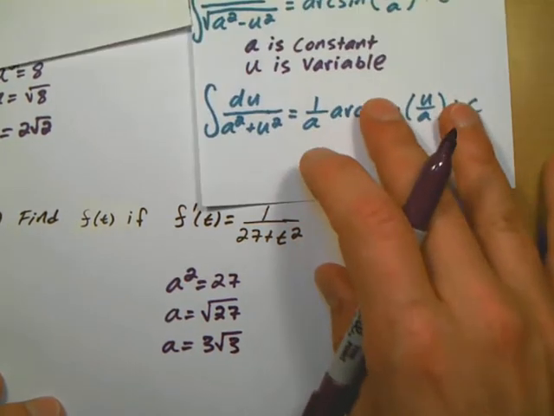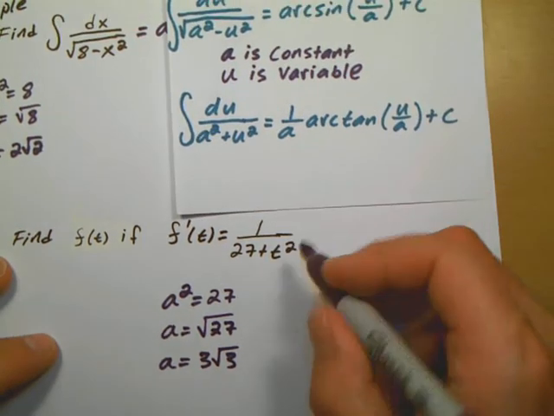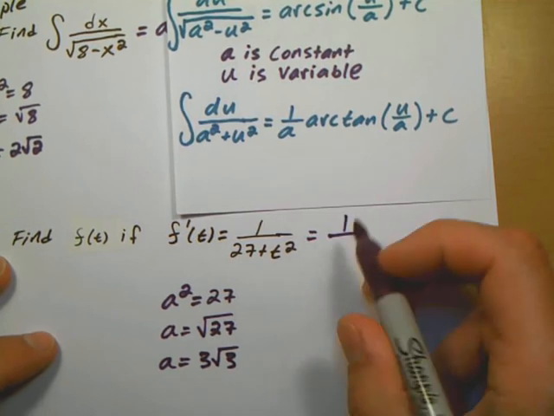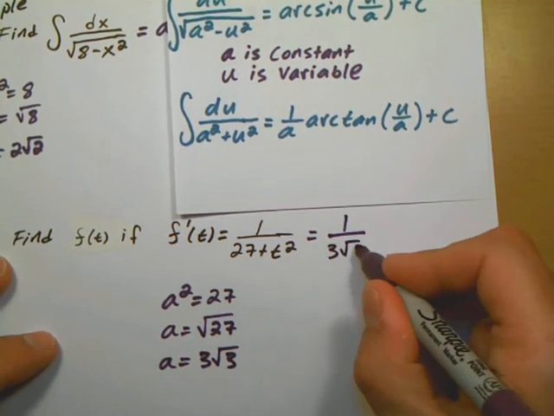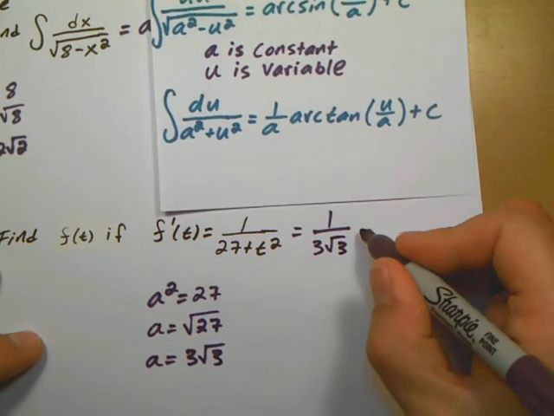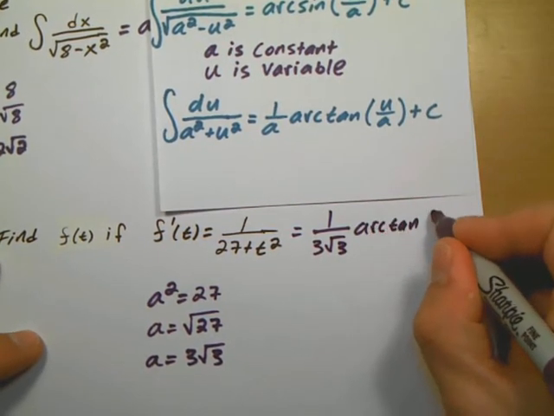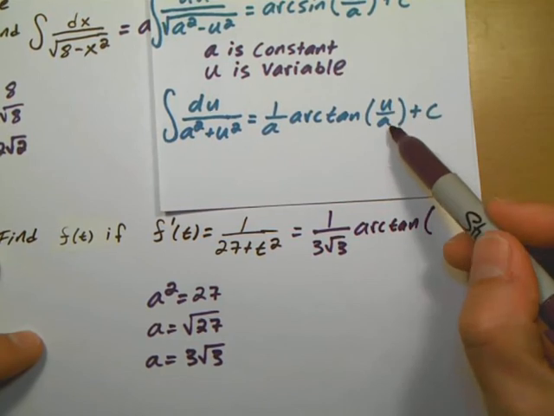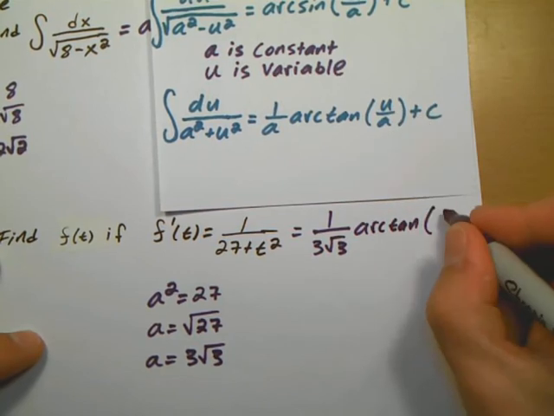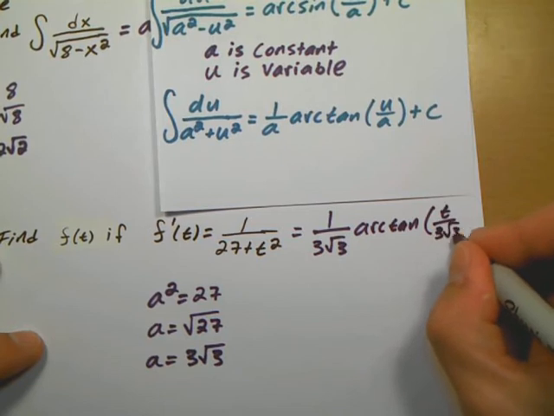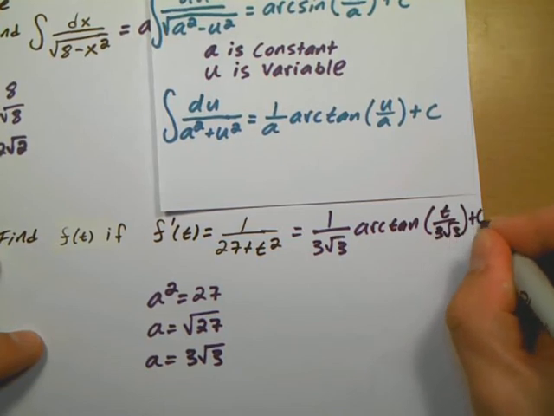You can just jump right into the answer being 1 over a, so it's 1 over 3 radical 3, and then arctangent of the variable over a, so in this case t over 3 square root of 3, plus c.